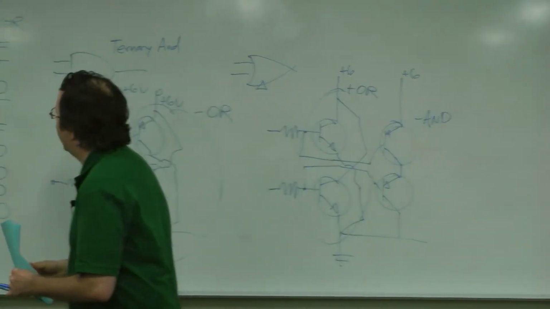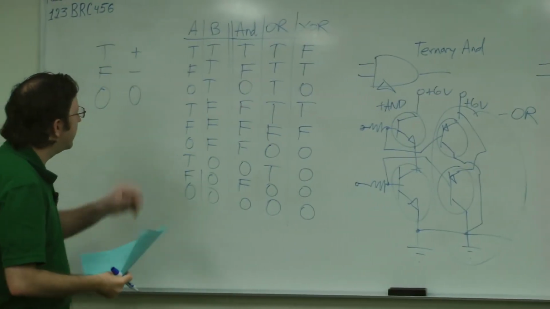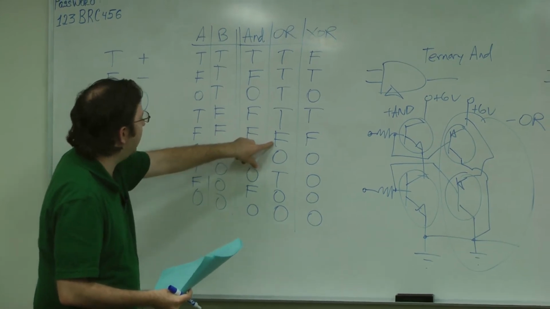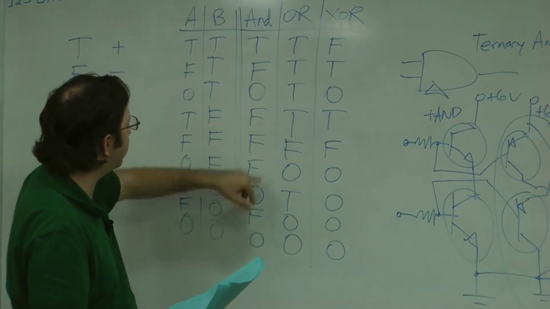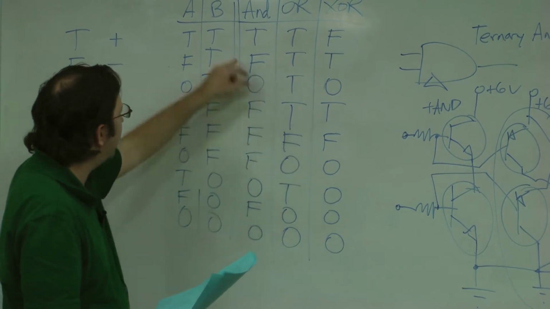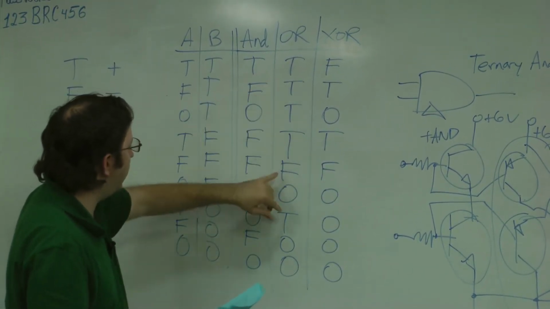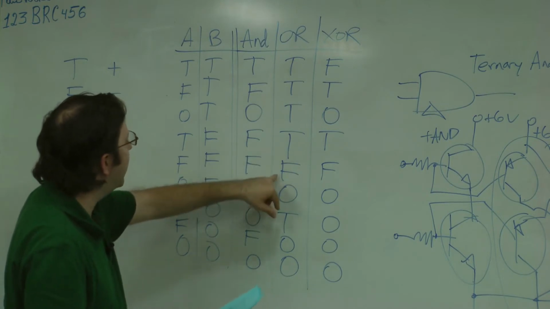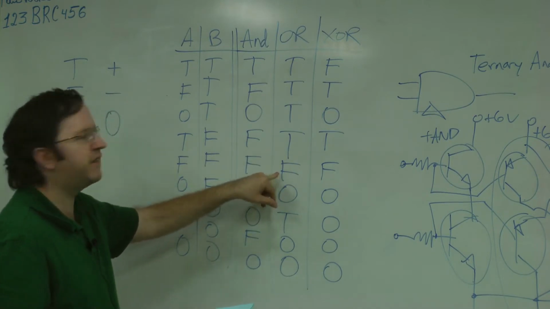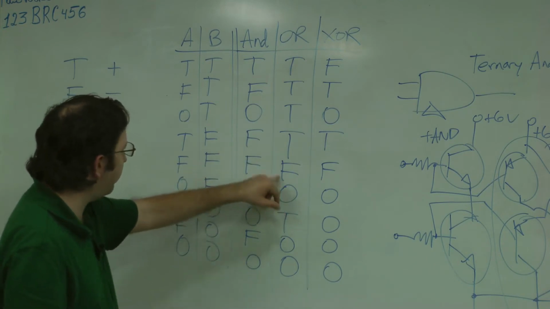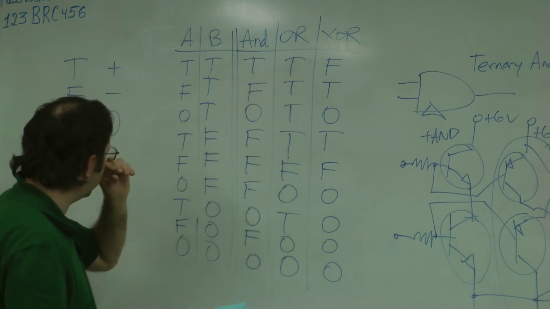If you look at the truth table right here, you can see that if we turn everything from false to true, the OR right here is the same thing as using negative AND, because false and false comes out to be false, whereas everything else comes out to be true.